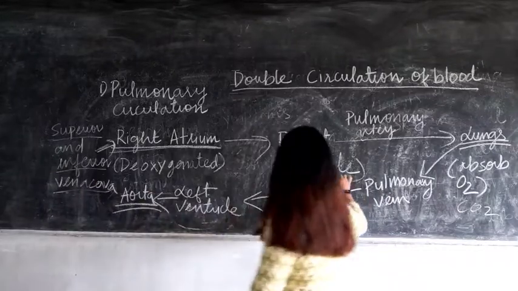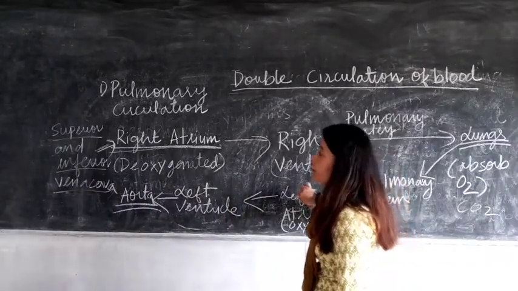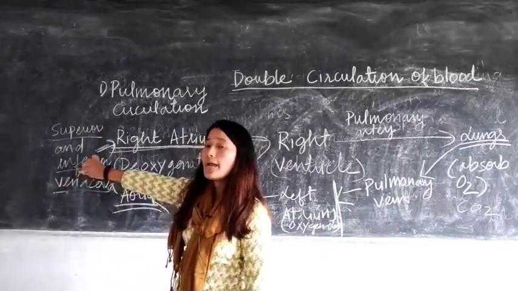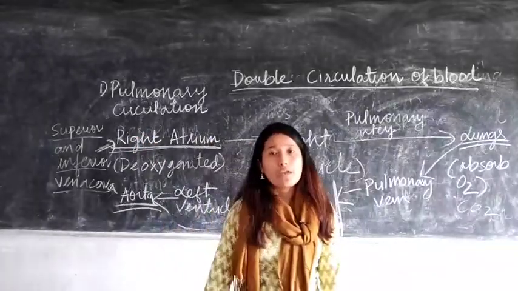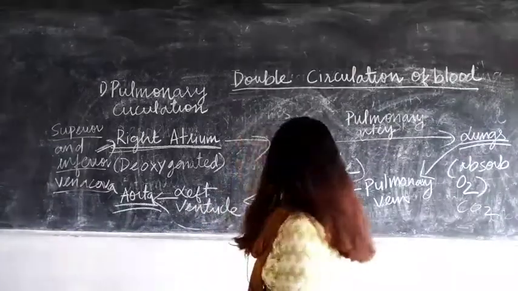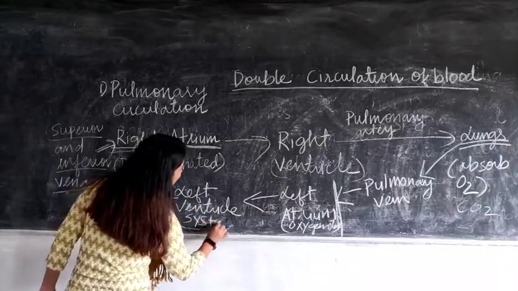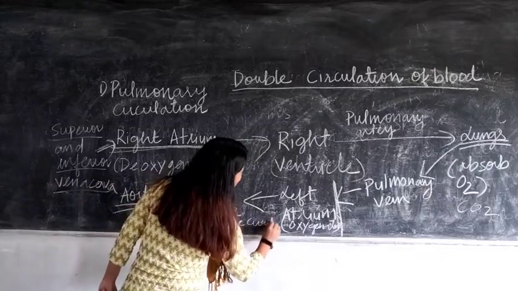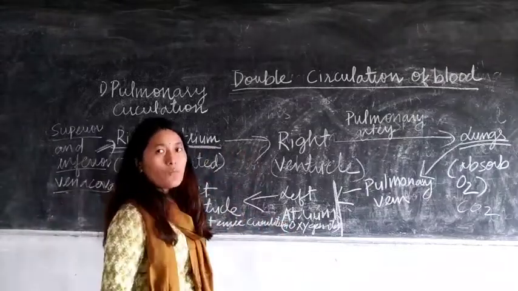So starting from the left atrium which had received the oxygenated blood, till the superior vena cava and inferior vena cava bring back the deoxygenated blood to the right atrium, it is referred to as systemic circulation.